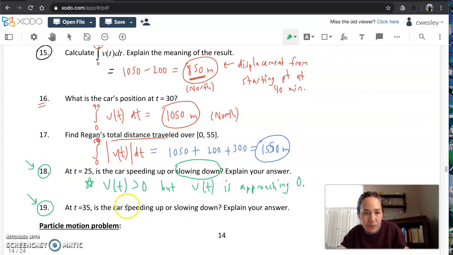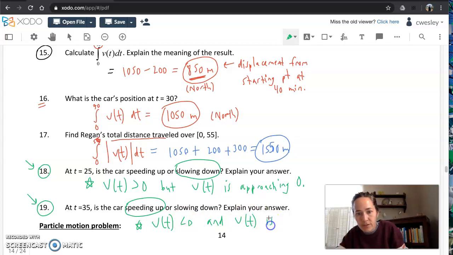So we'll say here speeding up, and we'll give a reason for it. We'll say v of t, velocity is less than 0, and velocity is getting increasingly more negative.